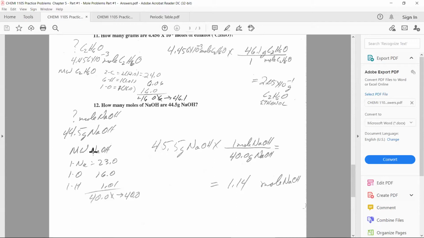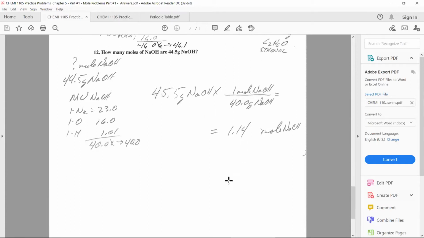And over here, the molecular weight of sodium hydroxide, 1 sodium, 1 oxygen, 1 hydrogen, add it up, get the right number of significant figures to the right of the decimal, which is 0, put them in. Grams NaOH divided by grams NaOH cancel out, calculate, 3 significant figures, 1 is an exact number, 3 significant figures.